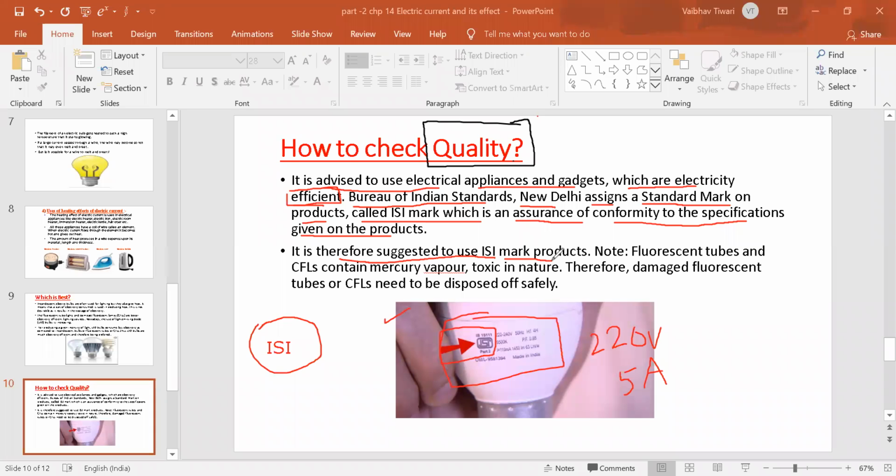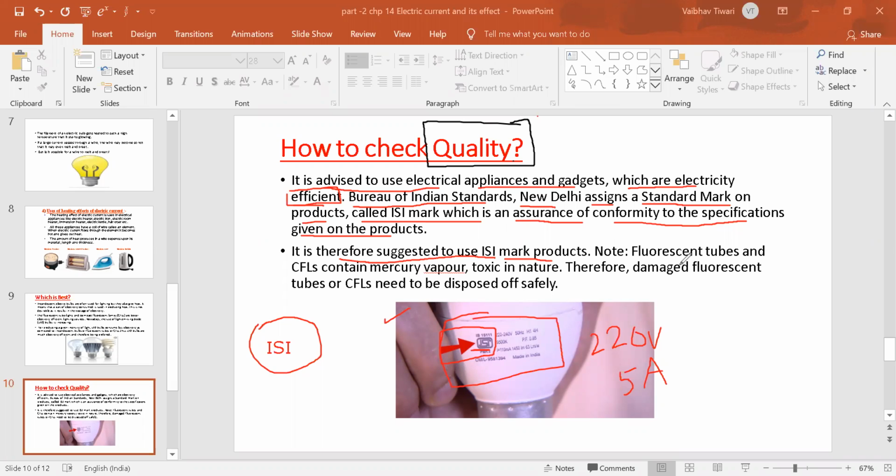The products of China do not have ISI marks. They are cheap, they may blast, they may fuse in a short period of time. That is the problem with products which do not have an ISI mark. So this is how we can check the quality: we have to check whether the product has an ISI mark on it or not.